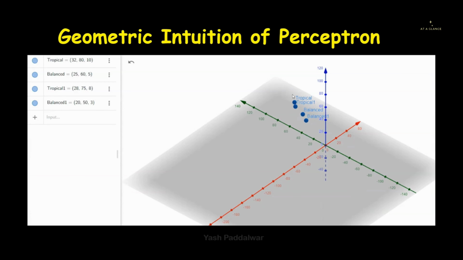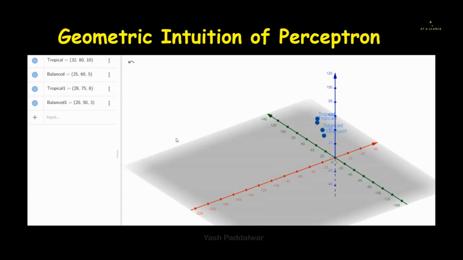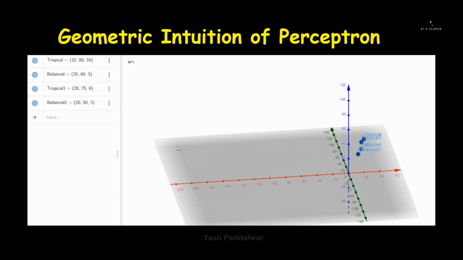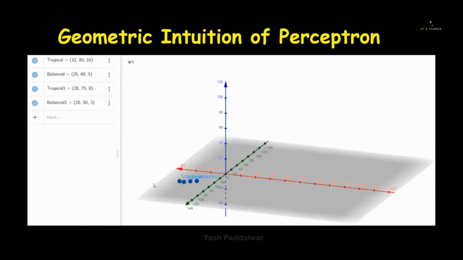Here I have plotted all the four data points and the orientation looks something like this. Here I have also written the labels with respect to these data points. The first one is tropical, the second one is balanced, the third one is tropical again, and the fourth one is balanced. After plotting these records, you can see that the points in the tropical class are on one side and the points in the balanced class are on the other side.